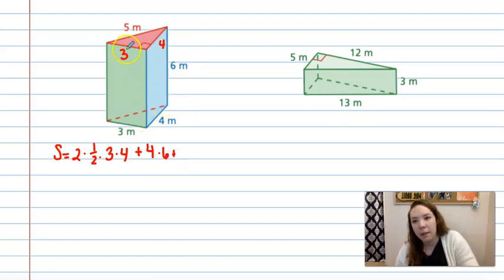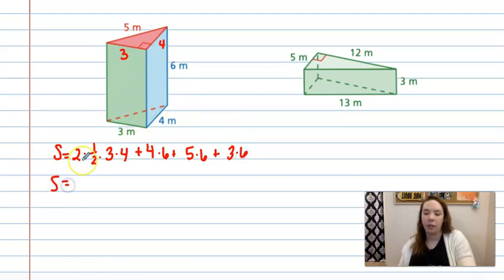It looks like I'm going to have a 5 by 6. And then this would be a 3 by 6. So again, I'm just going to put the whole string in my calculator here. And that gives me 84 square meters.